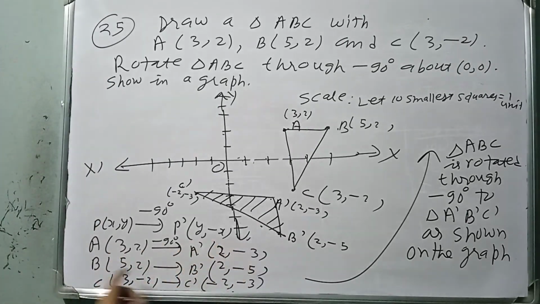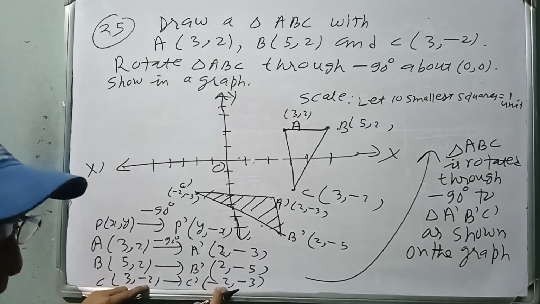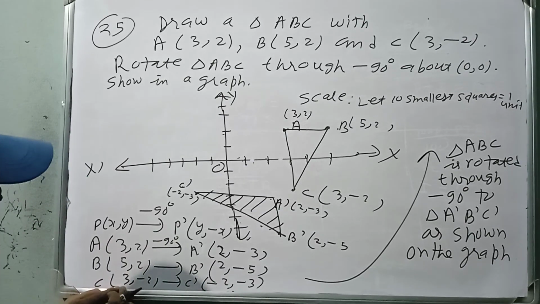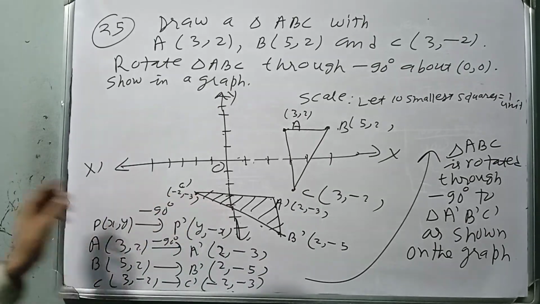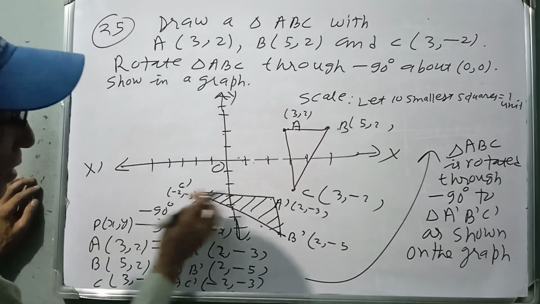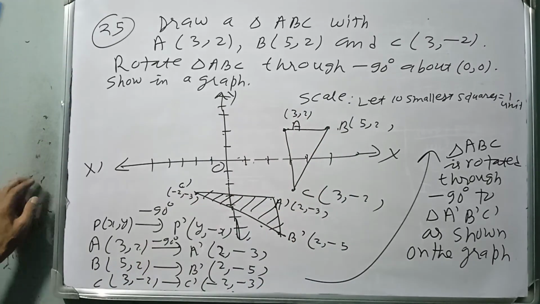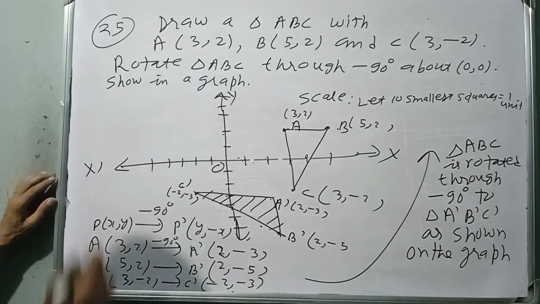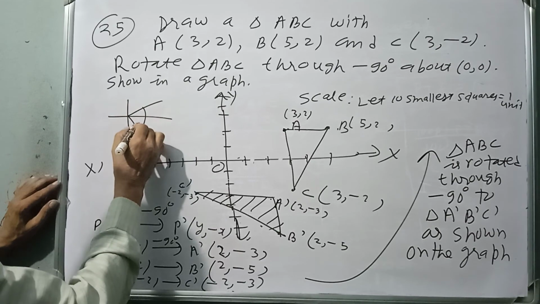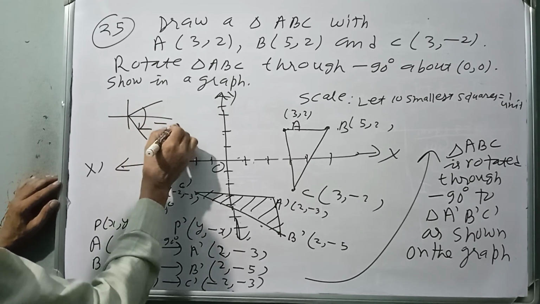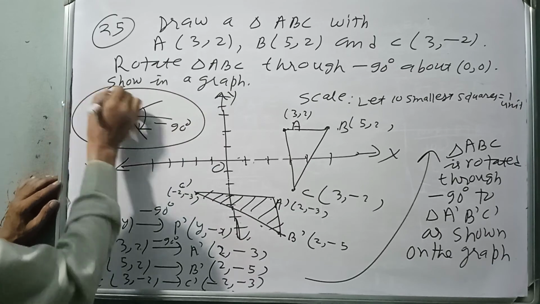X Y भयो Y minus X भएर यसरी आउँछ triangle ABC. यस्तो सेप भयो A'B'C', minus 90 degree मा रोटेशन गर्यो.